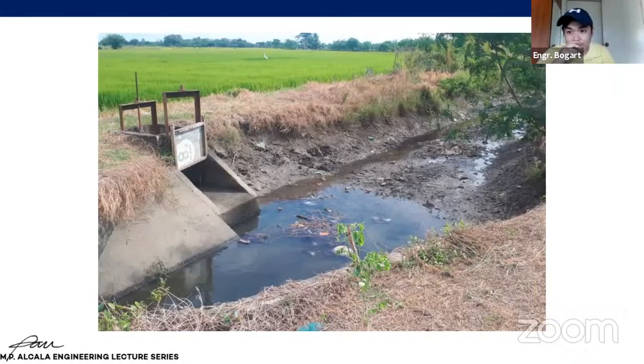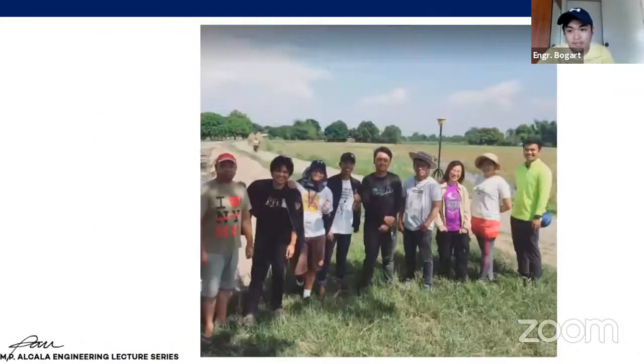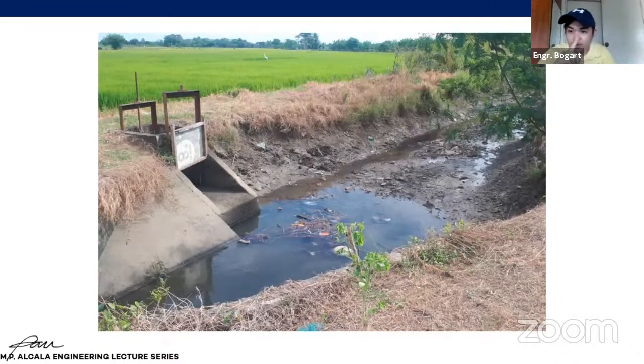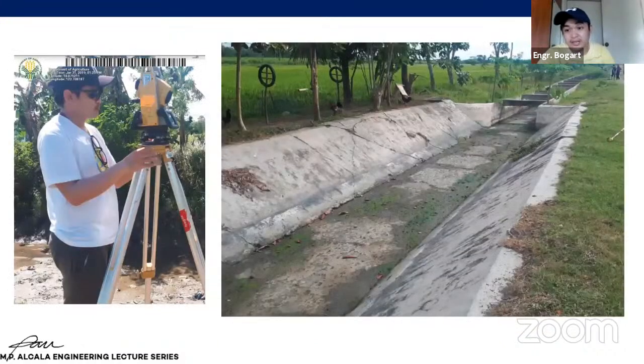There is a mistake when it comes to the design or the properties. The one that is connecting to the main source of water should be the one that is cemented, for you to avoid absorption, groundwater flow, and interflow, to minimize hydrologic losses. But that's not the case here. So, it was reversed. We don't know why, who the designers of that were.